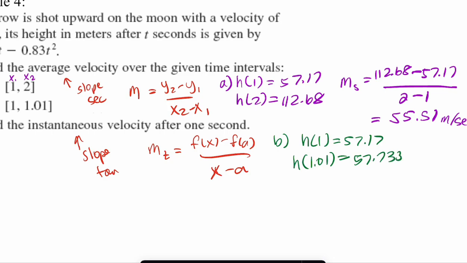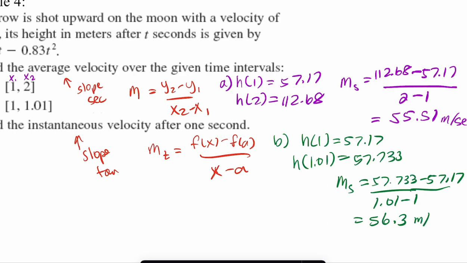Okay, so that slope of that secant, so that's an average velocity just between 1 second and 1.01 seconds. We're just going to do 57.733 minus 57.17 over 1.01 minus 1. Okay, let me tell you what you get. So you get about 56.3 meters per second.